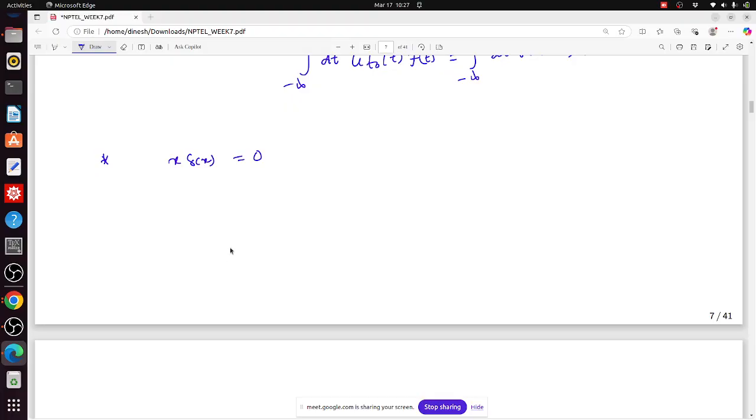To check this, you can see that the integration from minus infinity to infinity dx x delta(x) phi(x), which is the integral of delta(x) times x phi(x), is equal to 0. So x delta(x) is equal to 0.